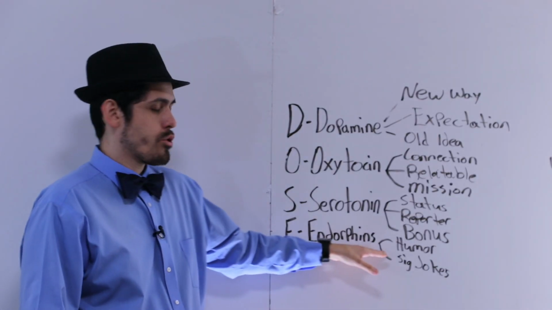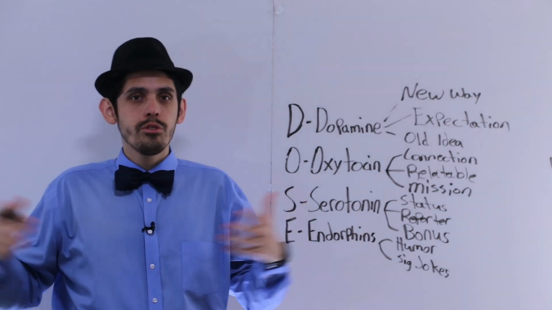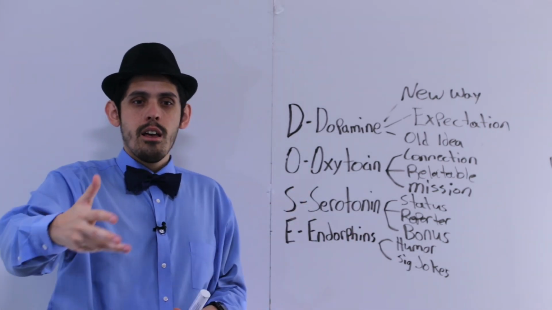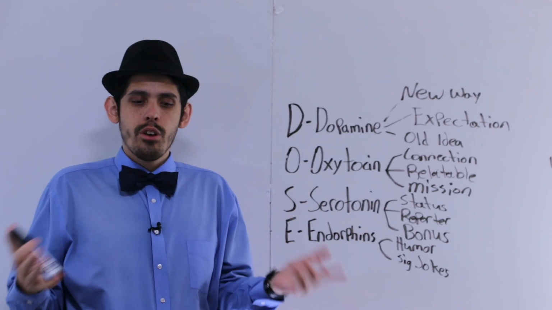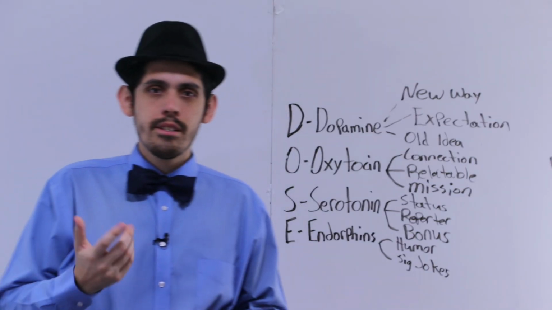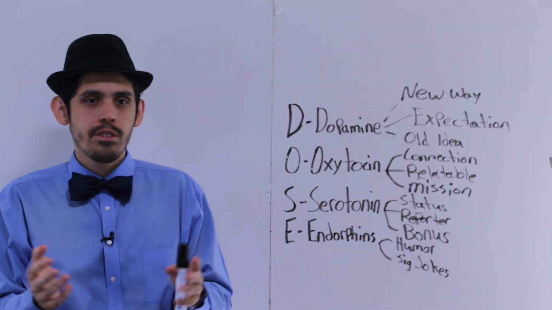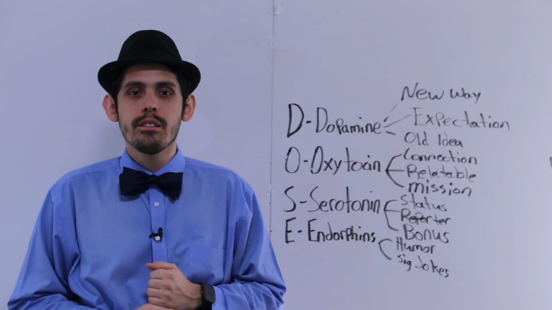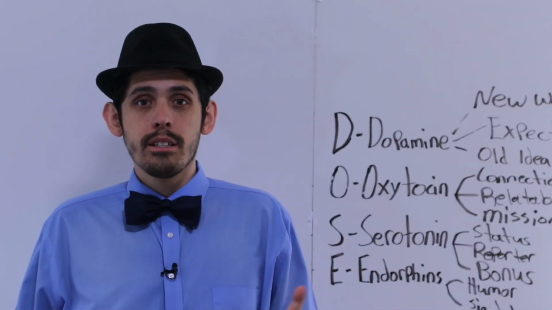So endorphins are created when you are joyful, cheerful, when you're able to make people laugh, and use humor in your business. Use humor in the message that you share, because as you do this, it'll make a big difference.